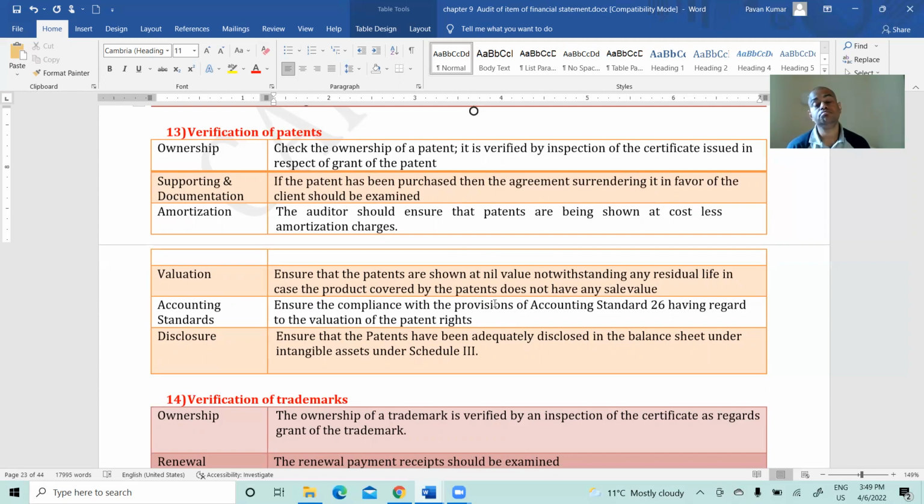Patent. Patent will be on the process. That can be a software process, or a pharmaceutical process, or a patent can be on your signature dishes. Like if you are a 5-star hotel, you will develop some signature dish.